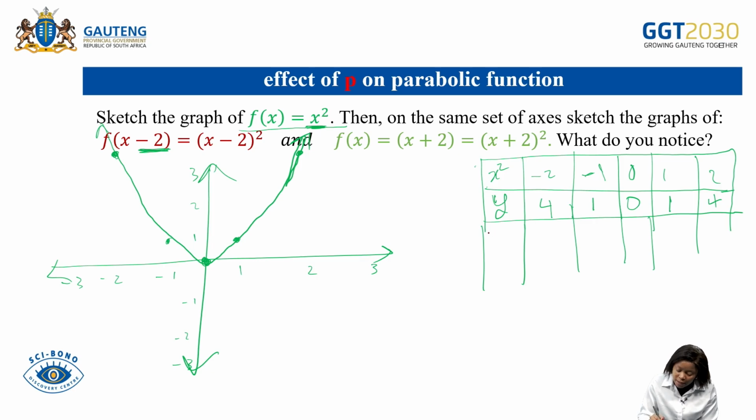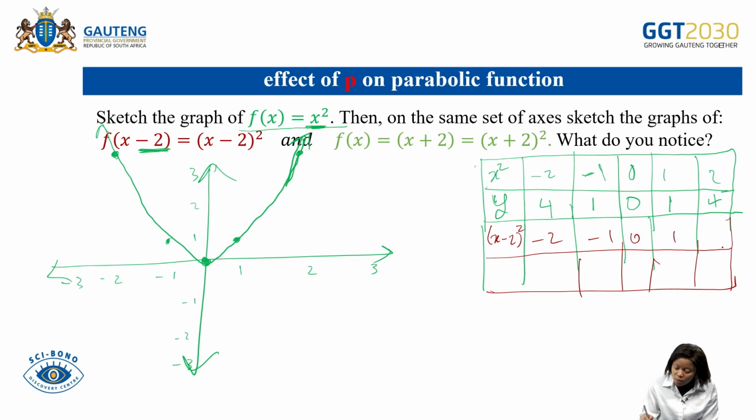Now we are looking at the graph of x minus 2 squared. We are still going to look at negative 2, negative 1, 0, 1, and 2, but now there is minus 2, so it is going to shift.